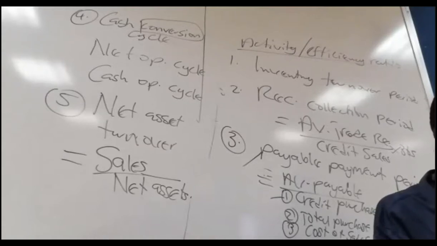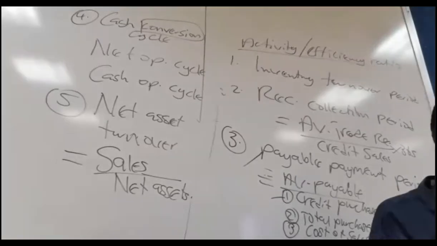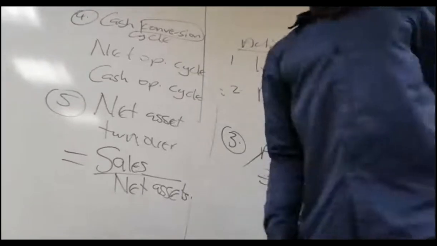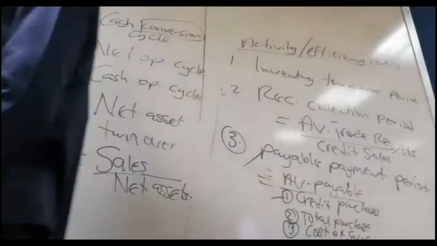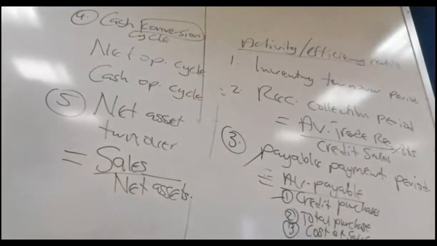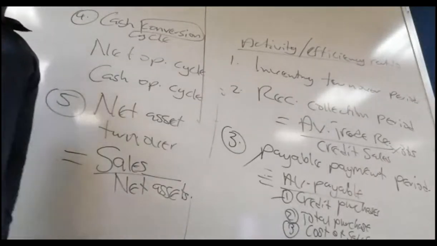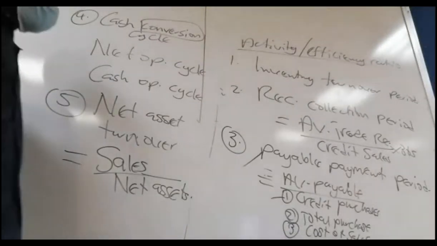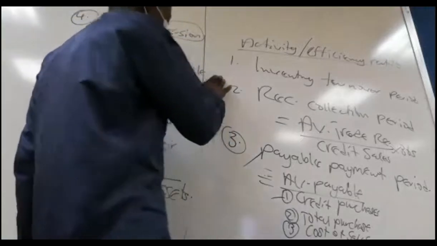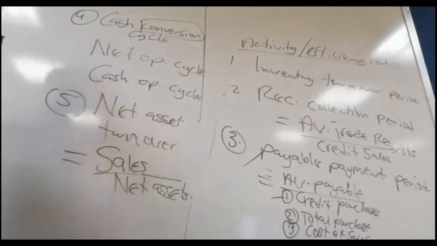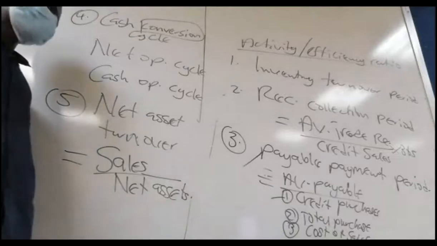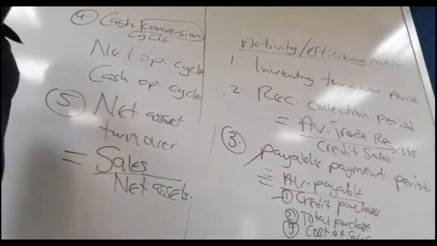So that is the activity ratio. Now, one thing about activity ratio is this. We have checked all the ratios under activity, between liquidity and profitability.